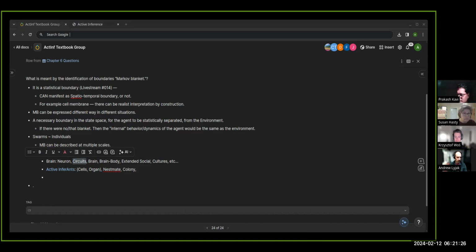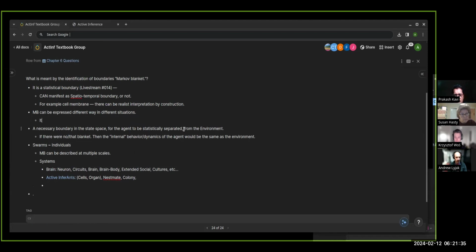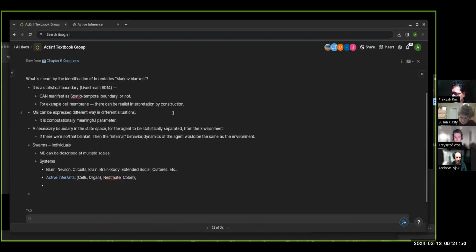Yeah, just a quick note that the Markov blanket is best thought of as a computationally meaningful parameter, not necessarily something that you will be able to pin down in physical space. For example, your Markov blanket is associated with the sensing and action modalities you have available.